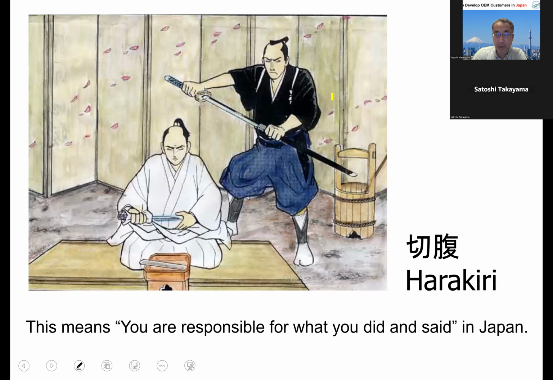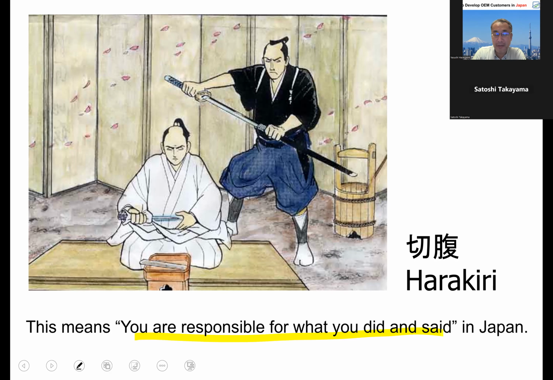And this culture was made during the samurai era. Of course, this culture is not valid anymore, since it was abolished about 150 years ago, which is recent. So it means we are responsible for what we did and what we said.